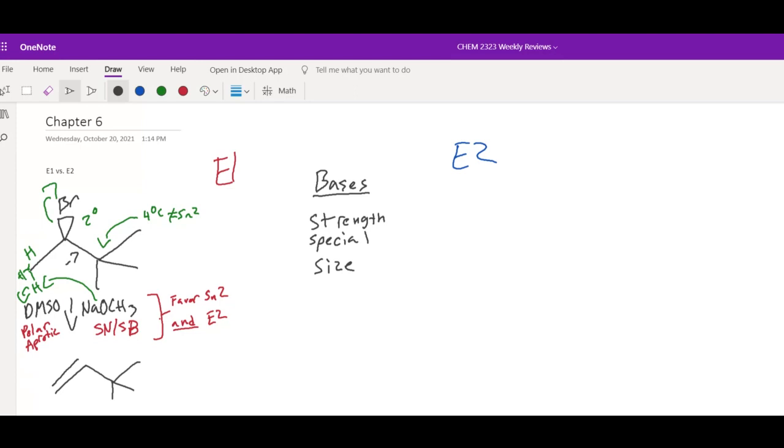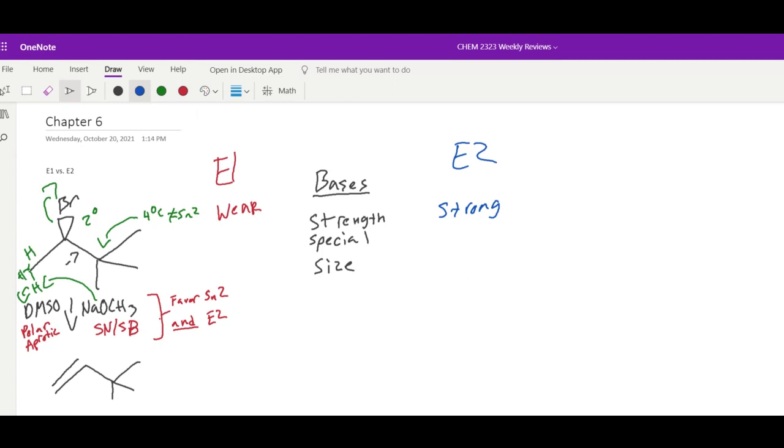Now there are differences between E1 and E2. Specifically, the strength: similar to SN1 and SN2, E1 is going to be weak, and E2 is going to be strong. And those differences are going to be similar to SN1, SN2, so apply similar logic to it.